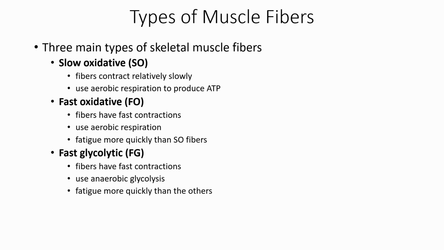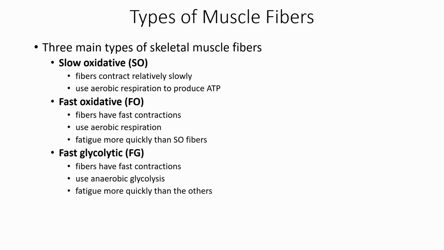This is going to be the one that fatigues the fastest, because the anaerobic process, at least in humans, we are not getting as many ATP for the energy we're putting in, or for the glucose we're putting in. It's a much faster process. The anaerobic glycolysis process is much faster, but you don't get quite as much for the glucose you put in.